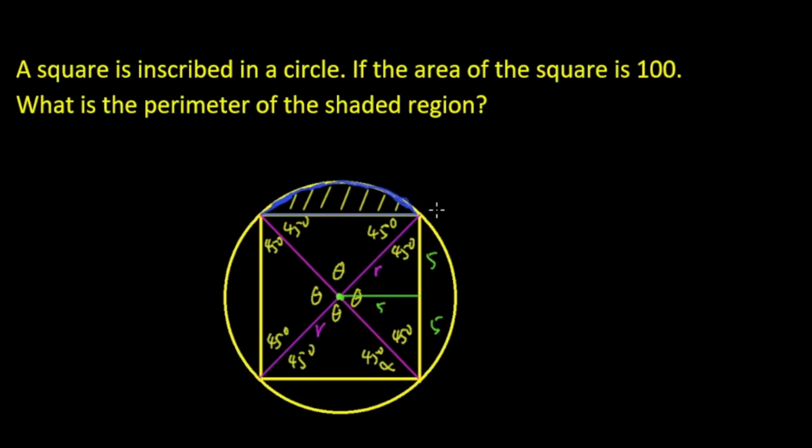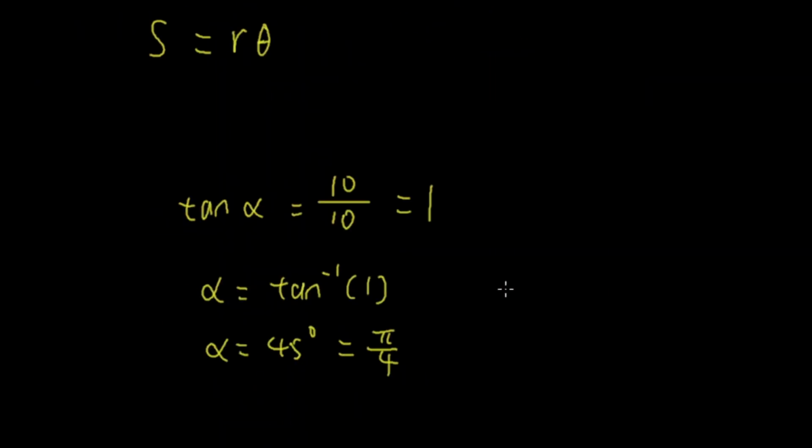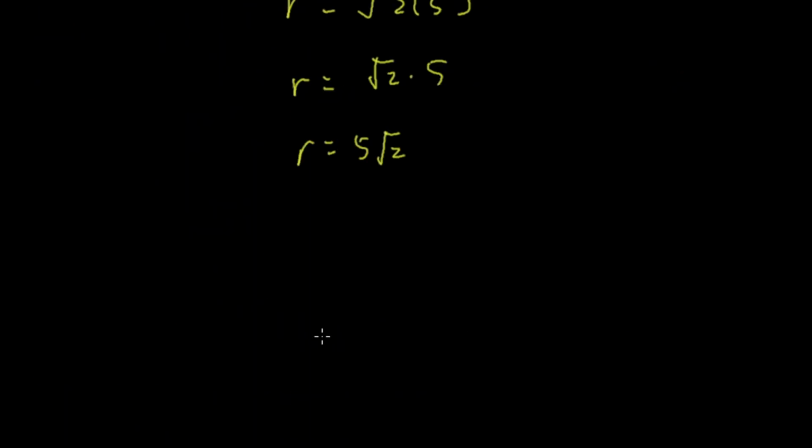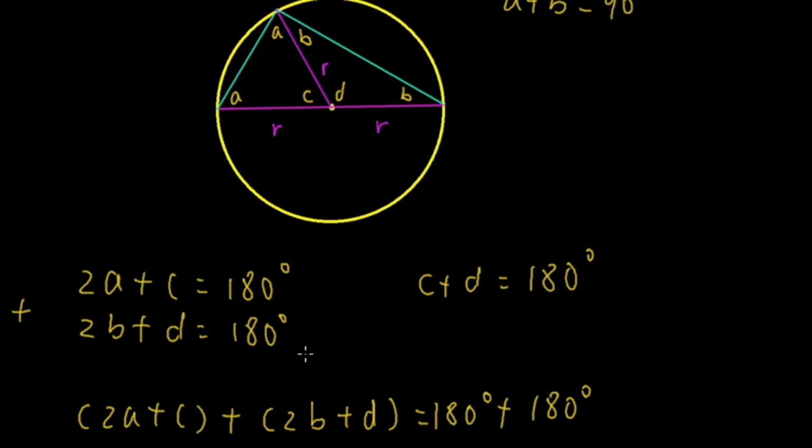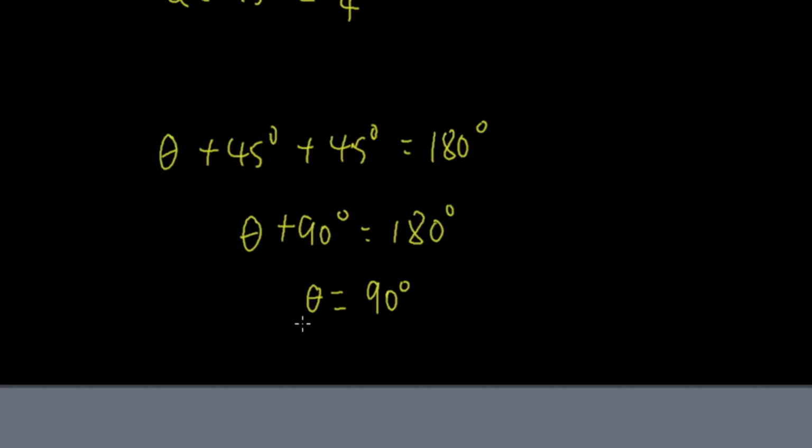This line here. Okay, so the arc length is S equals r theta. And S is equal to r, which is 5 square root of 2, times theta. Now, theta is 90 degrees. That's what we calculated.